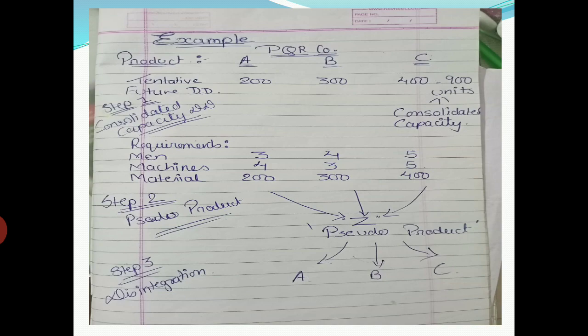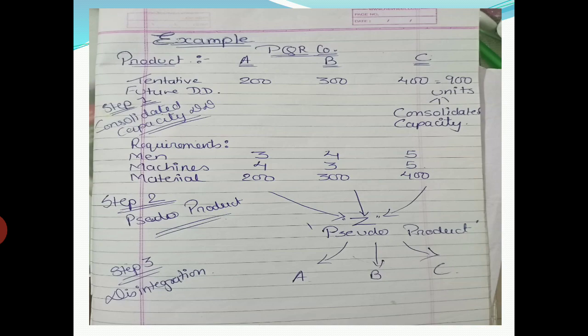I repeat, aggregate planning, when done with the top-down approach, you have to remember 3 stages. Step 1, that is consolidated capacity and demand. In the first line, we have seen the demand, capacity, demand consolidation. In the second part, requirements have been checked out. After doing that, at the second stage, we are making the pseudo product, the fictitious product. Then after taking that pseudo product in mind, because it has all the characteristics of all the products that we are going to produce, we can disintegrate.